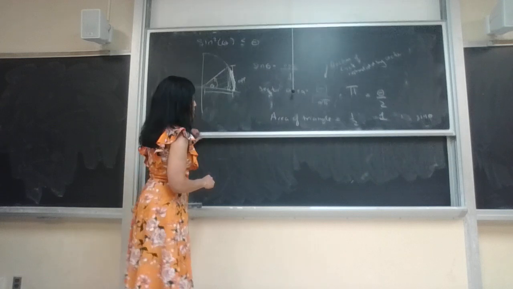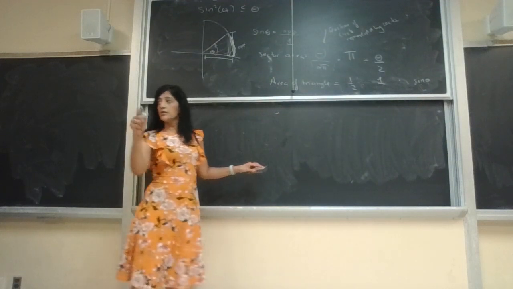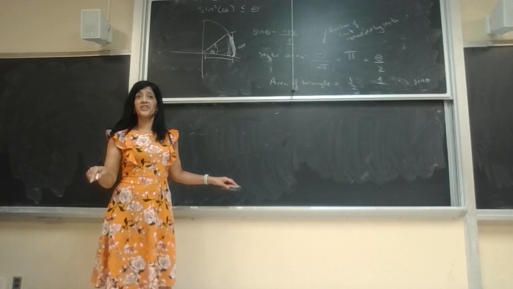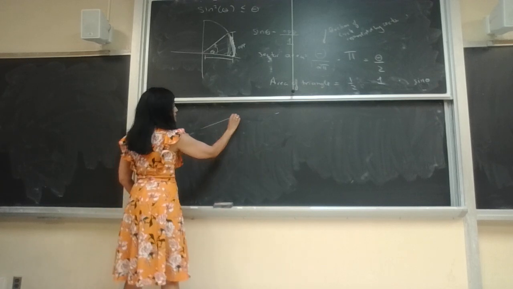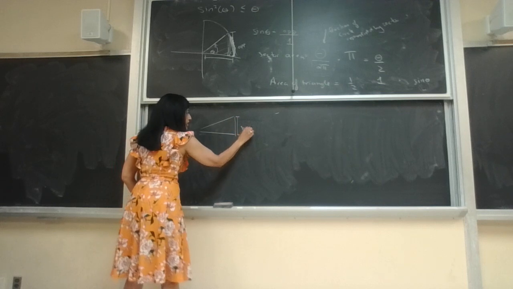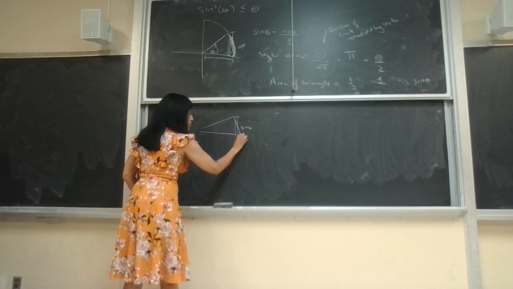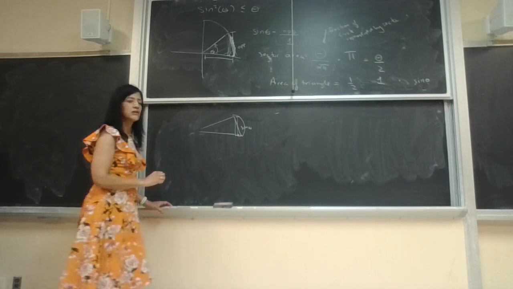So let me draw this picture better. Note to all of you, make sure your notes are very clean so that you can read them, because you have better memories than me. So here's this length here is sine theta. And then you have this triangle out here, and then you have the sector, like this.